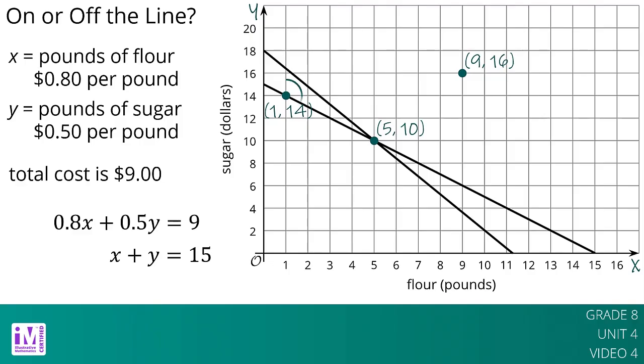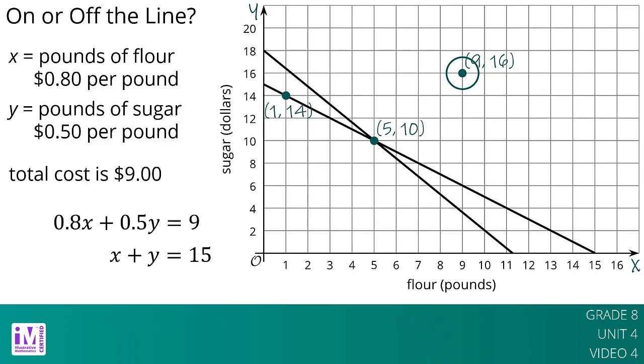The point (1, 14) is on the graph of x plus y equals 15 because 1 plus 14 equals 15. We also know that 5 plus 10 equals 15. But 9 plus 16 does not equal 15, so (9, 16) is not on the graph of x plus y equals 15.